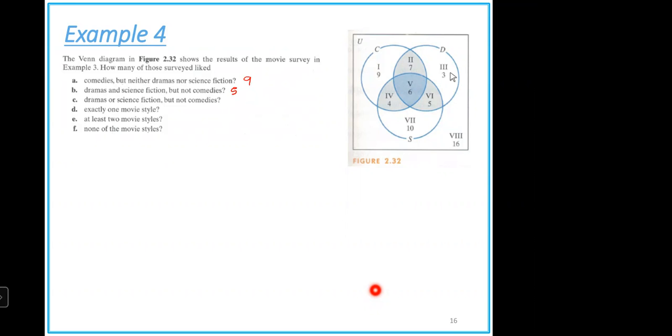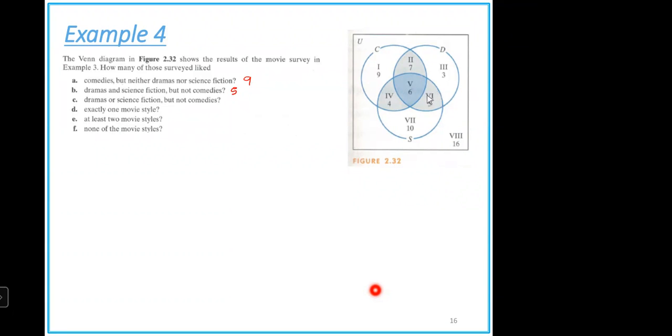It says or, drama or science fiction. So you still have another region. You said 3 and 4? No, it wouldn't be 3 and 4. You see, this is 3. Is this what you're talking about? You're talking about this 6.